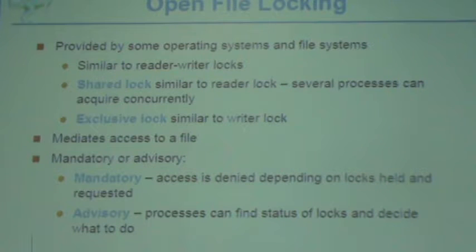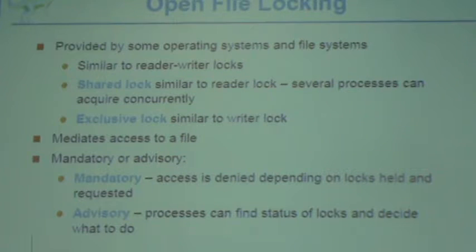When a process has the write lock of a file and another process wants to write this file also, it will find the status of this lock first, and it can choose to wait until the last process releases the lock, or it can access the data at the same time. At the same time, you can also write. So it's a little bit tricky.